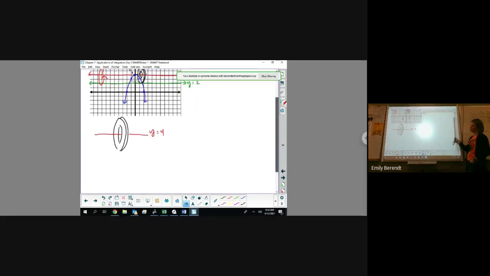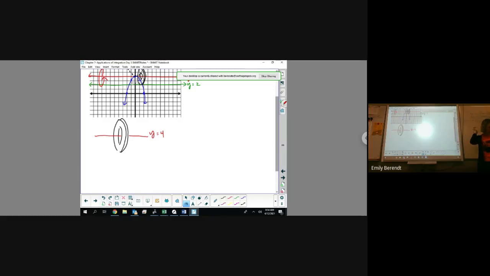All right, on your washer that you draw to the side or below, I left you a bunch of room for this.